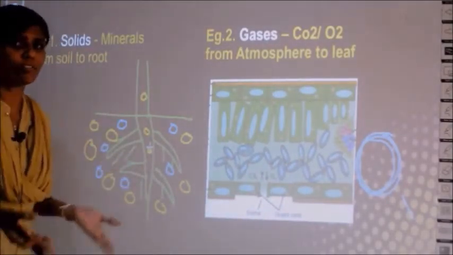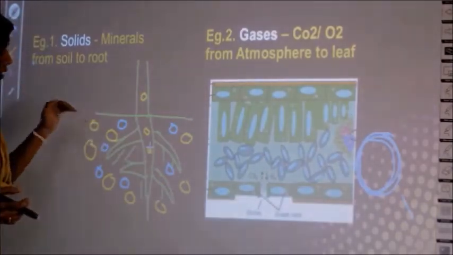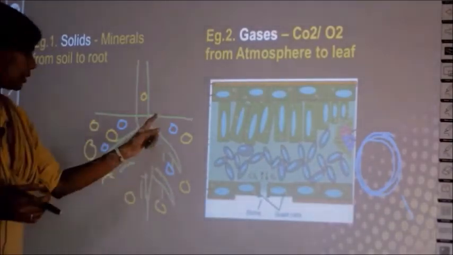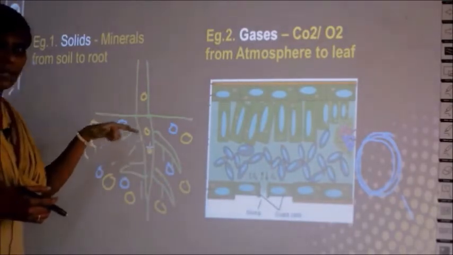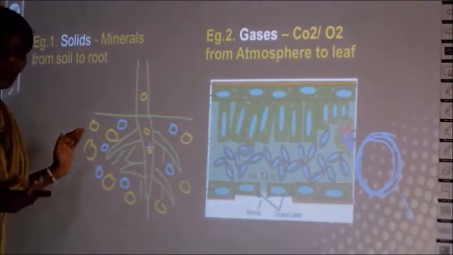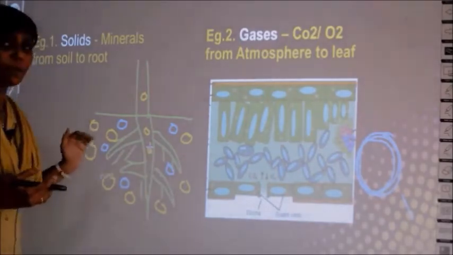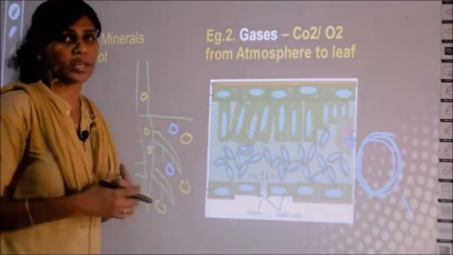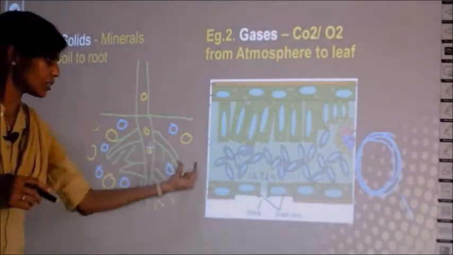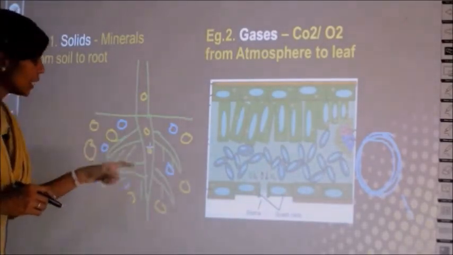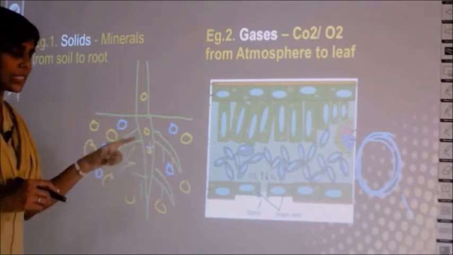Now I provide fertilizer, I am adding minerals to the plant. This is on the outer surface. These three particles are inside the plant. So what will happen when I add minerals? By the process of diffusion, here you have a higher concentration of minerals, inside you have a lower concentration of minerals, right?